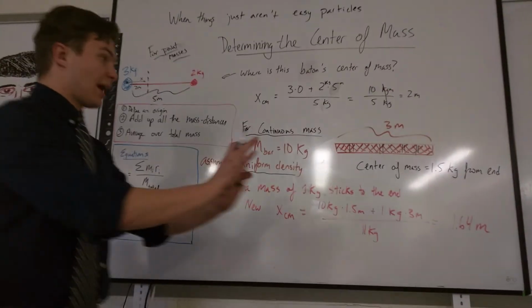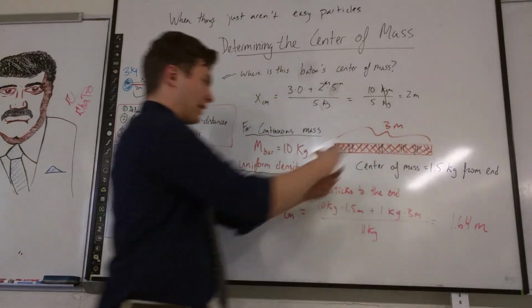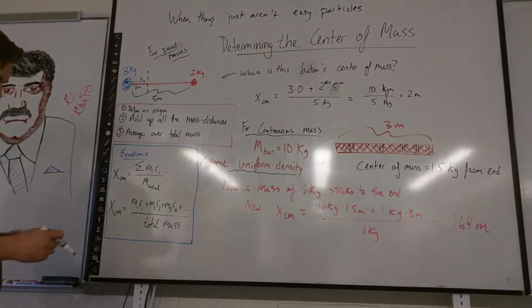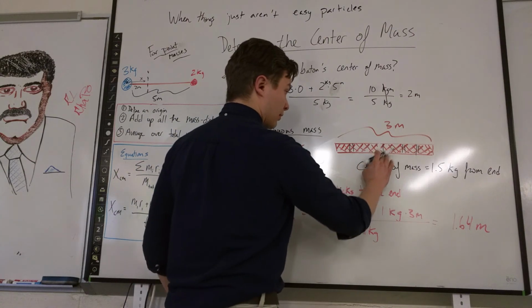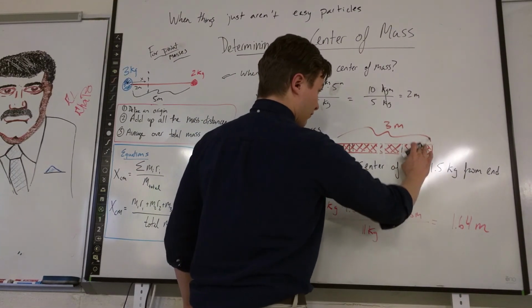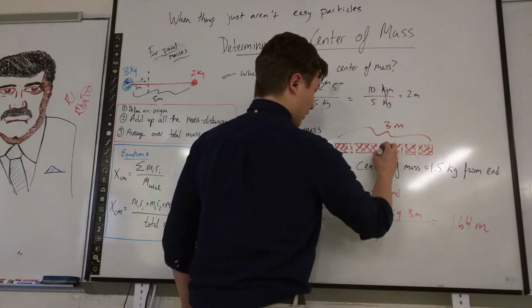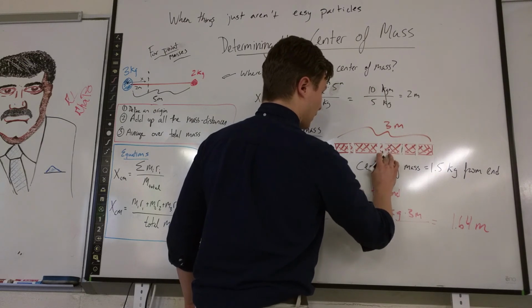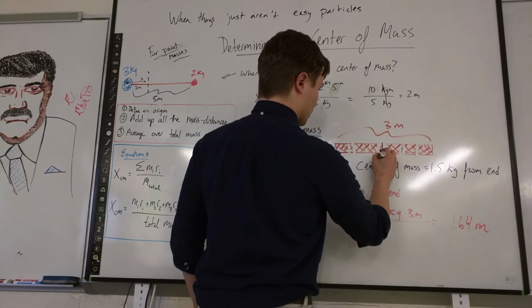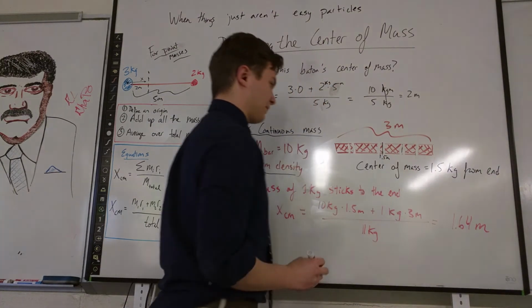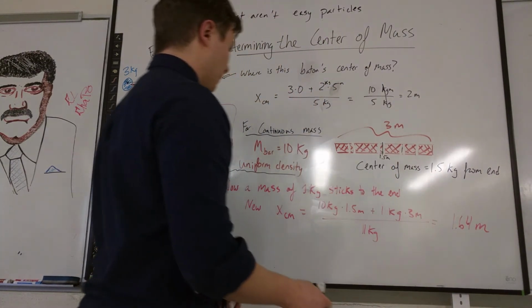There's not one side with more concentrated mass than another side. If I just gave you the bar, you could say if there's uniform mass density, then the center of mass should be at this point here, and that is at 1.5 meters from one of the ends.